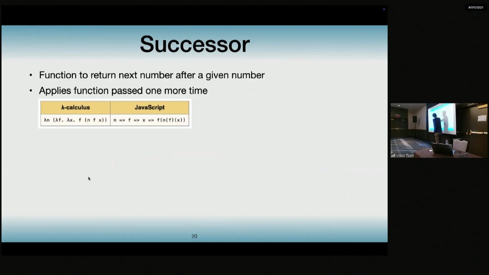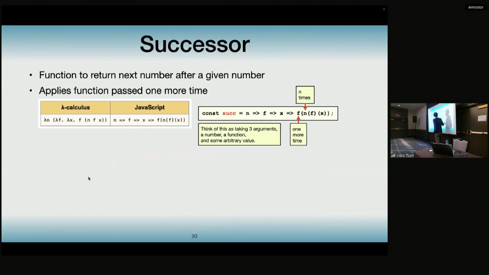Well, when I apply a number function to some value, it's going to do it that many times. Because remember, that's what we saw. The definition for 3 is to call the function 3 times. All I need for the successor is to call it just one more time. And so if I go over here to the JavaScript version, if I say, what is the successor of n?